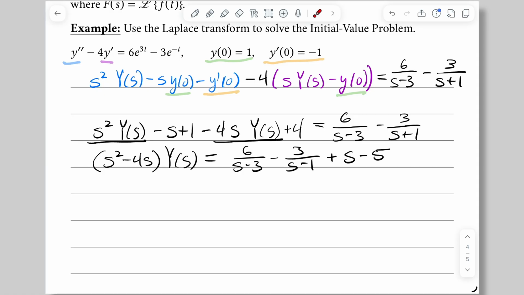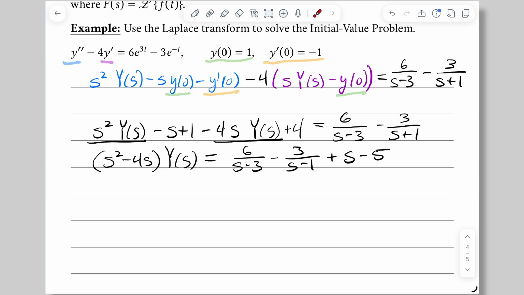I'm going to skip some algebraic steps here, but I'll tell you what's going to happen. We've got two fractions and then two other terms on the right-hand side. And the way to go here, folks, is we're going to end up dividing by s squared minus 4s. And folks, we need to get common denominators on the right-hand side first.